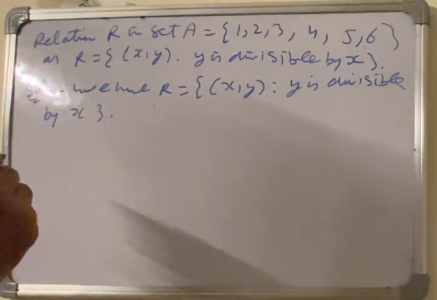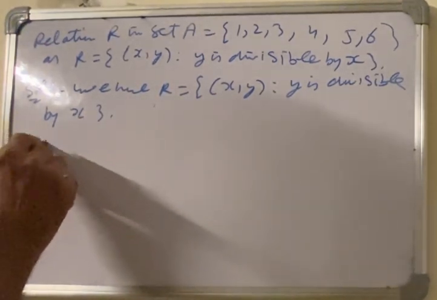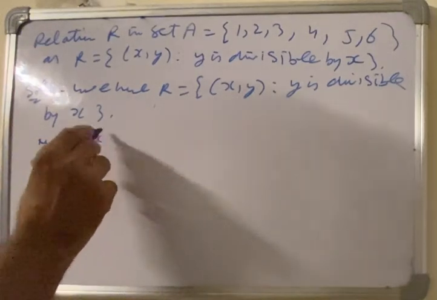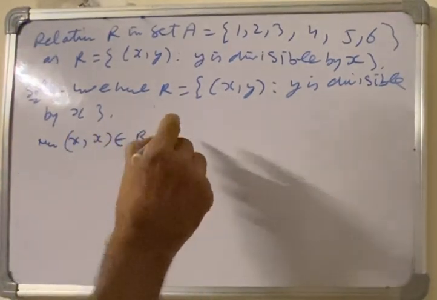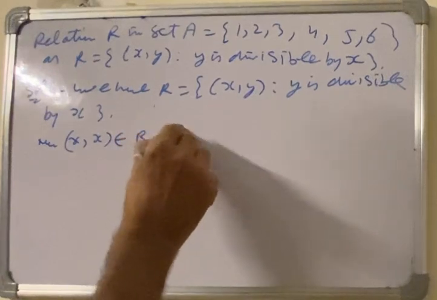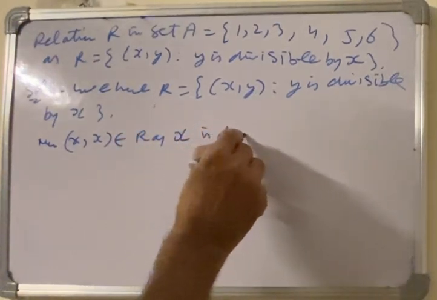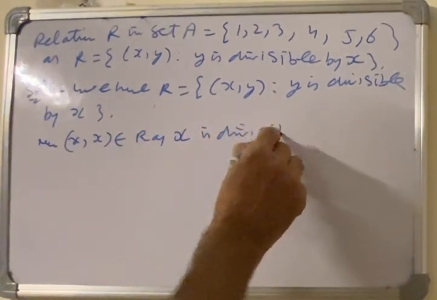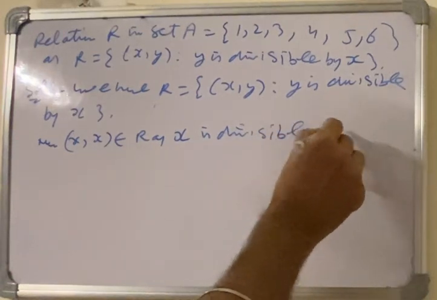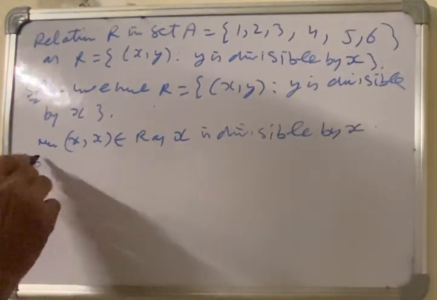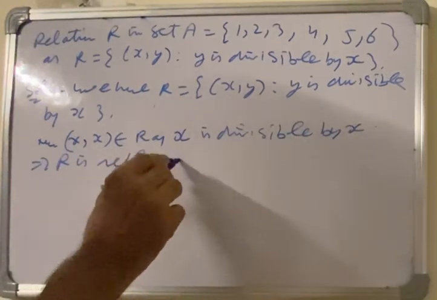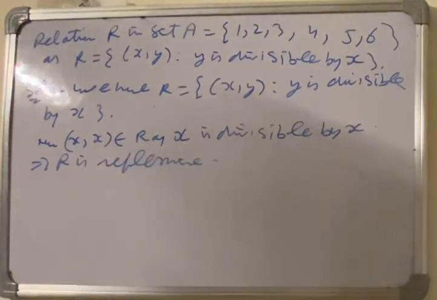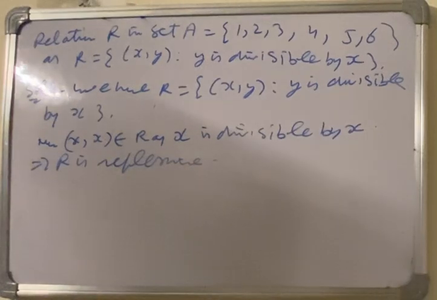Now, (x, x) belongs to R as x is divisible by x. Therefore, R is reflexive.